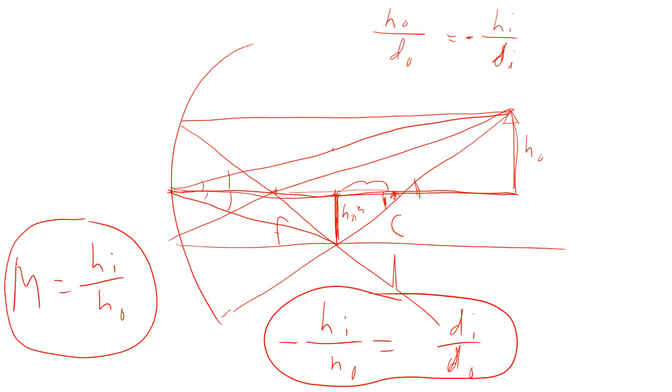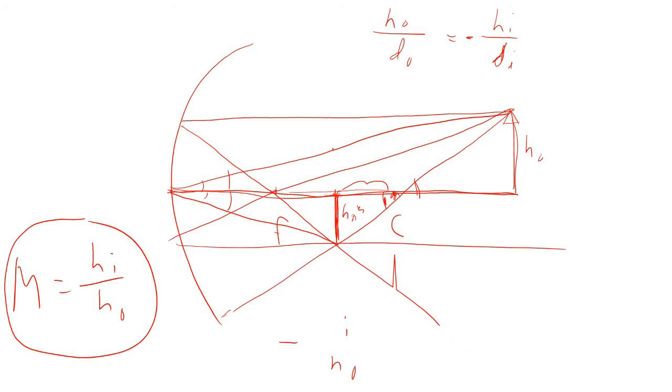So again we can say that HO, let me erase this down here. So we can say that HO is to this distance. Well, what is that distance? That's going to be DO minus C. That's going to equal HI over C minus DI.